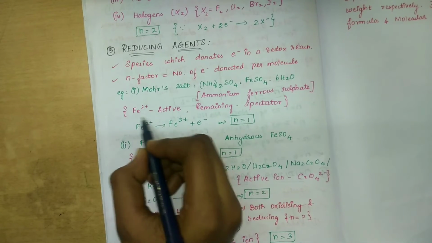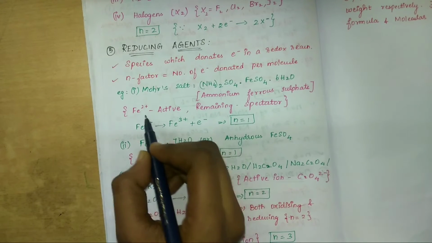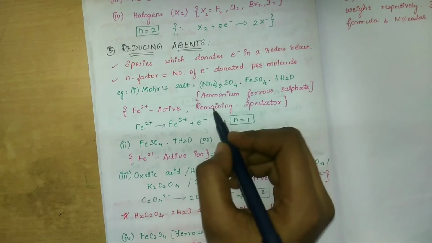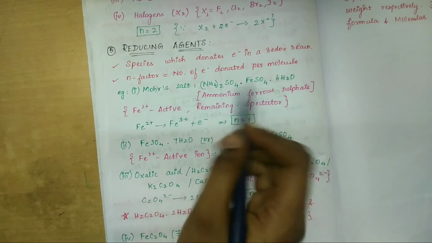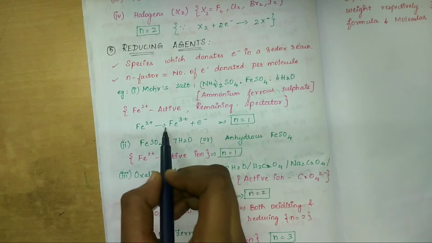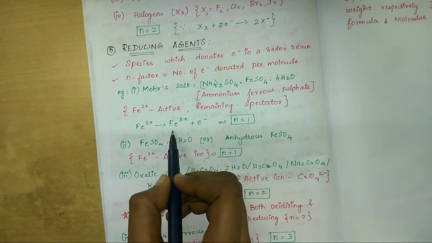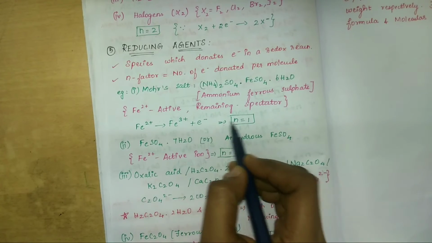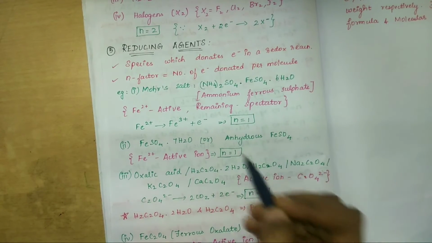So Fe2+ is the active ion, which is going to reduce the reaction by oxidizing itself. The remaining ions are spectator ions. Here it will leave 1 electron and become Fe3+. So the number of electrons donated per molecule is its n factor. So n factor is 1 here.